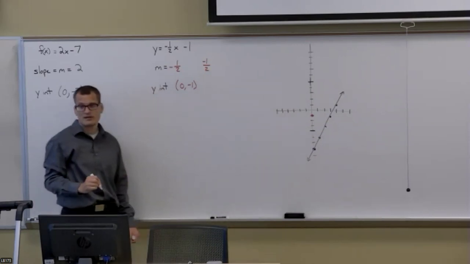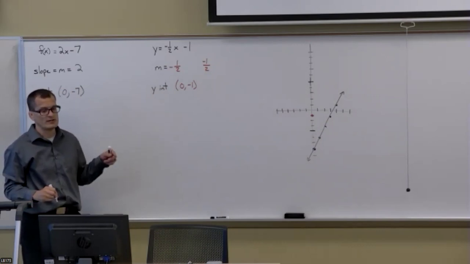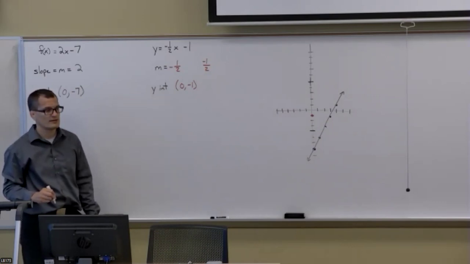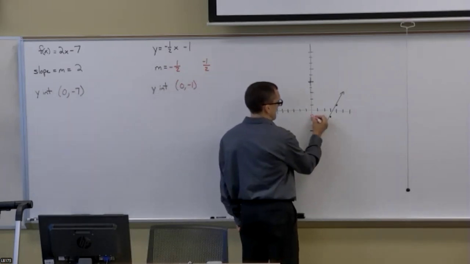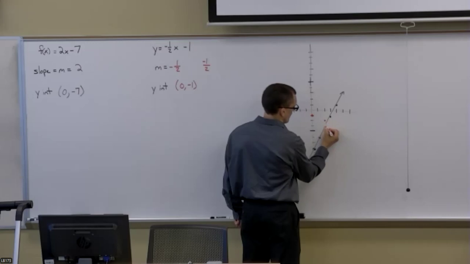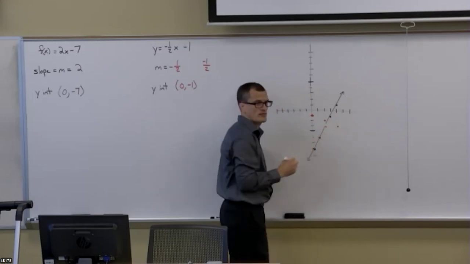You can also think of it as a +1 over a -2. But when you get a negative number, only one side of that fraction is negative. So -1 over +2 means I go down 1 and then over 2. Down 1 and then over 2. Down 1 over 2, and so on and so forth.